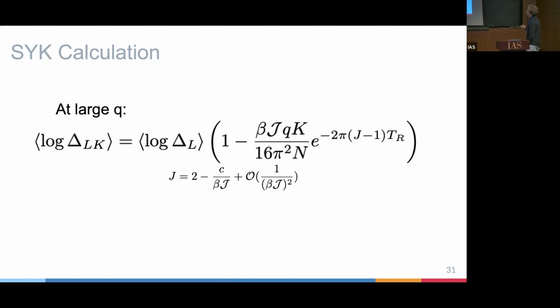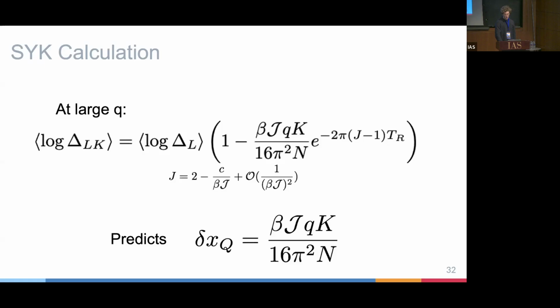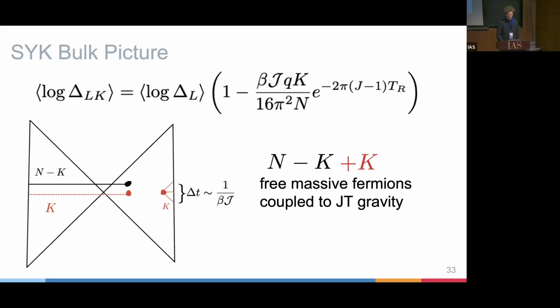And so this gives us a prediction for a quantum extremal surface associated to a subset of spins in SYK. It predicts precisely this answer for delta x for the position of the quantum extremal surface. You can try and check that prediction in some bulk model.